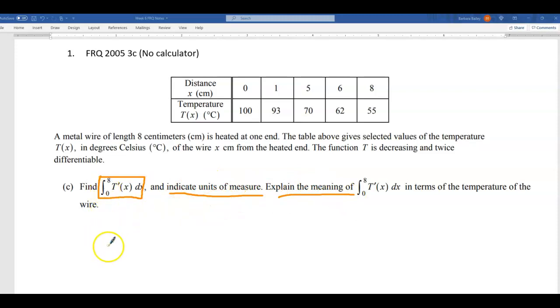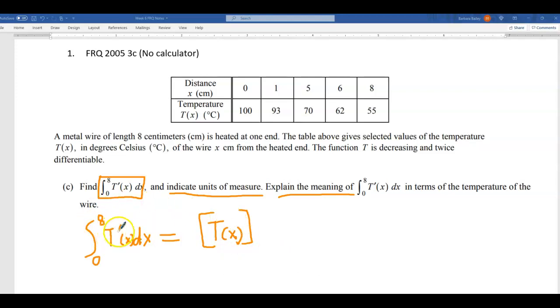So first of all, let's start off with the integration. So I'm starting off with my expression here, the integral from 0 to 8 of t prime of x dx. Now, when you integrate t prime, that becomes normal t. Okay, so when you integrate a derivative, you get its antiderivative, right?